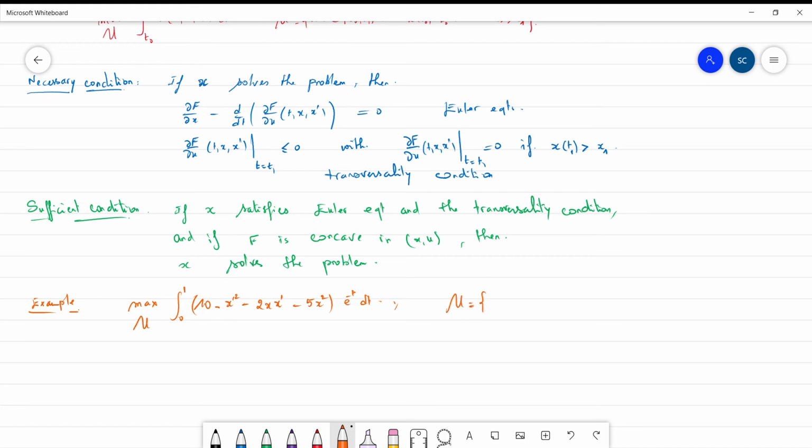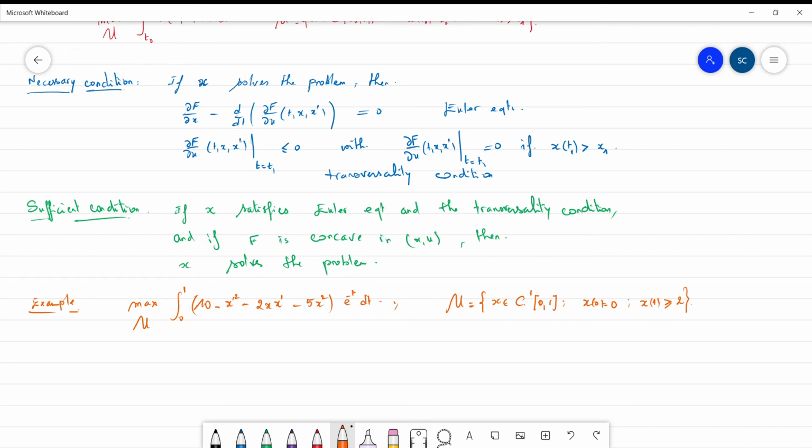U is the set of functions where I look. They gave us the initial condition on the interval [0, 1], x(0) must be 0, and we want a condition x(1) greater than or equal to 2.